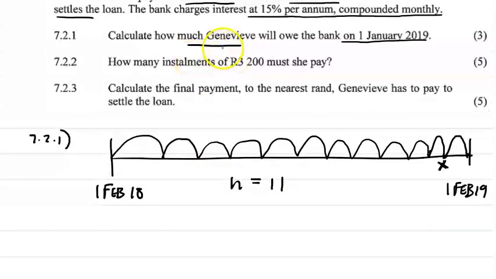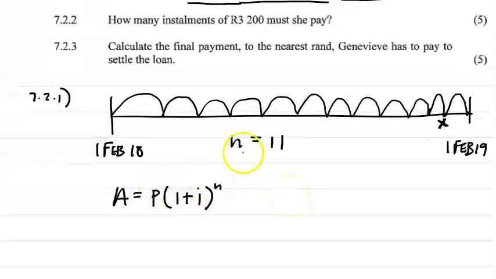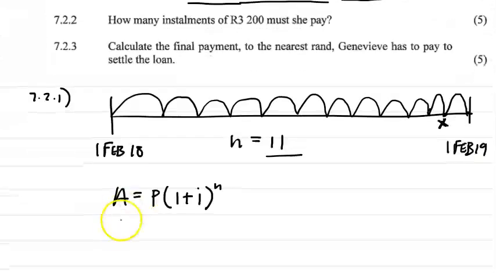So how do we answer this particular question? Calculate how much Genevieve will owe the bank on the 1st of January 2019. We have to use the compound interest formula, which is A equals P into 1 plus i to the power n. And remember now, n will be 11. She takes a loan of 82,000, which is the loan amount, the present value.